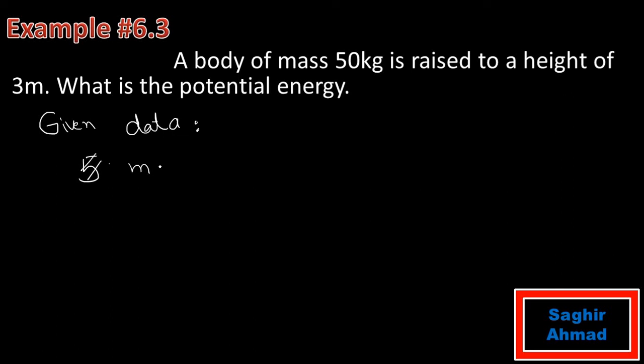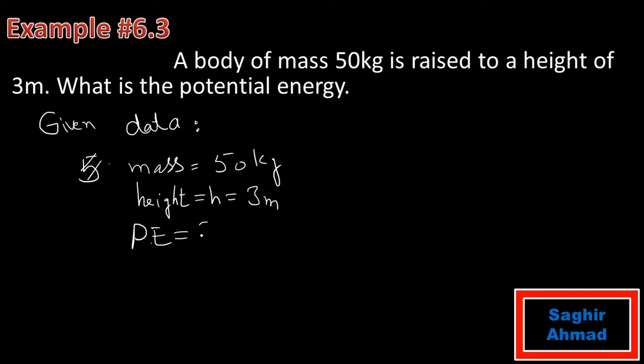So here mass is equal to 50 kilogram, and height is given, height denoted by h is equal to 3 meter, and as the unit of length is also meter, we do not convert it into kilometer or centimeter. Now the required data is potential energy. We have to find potential energy.